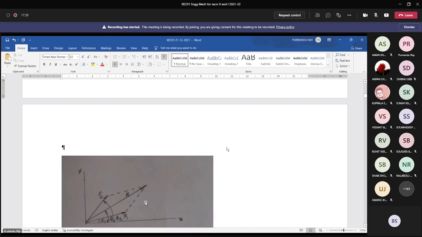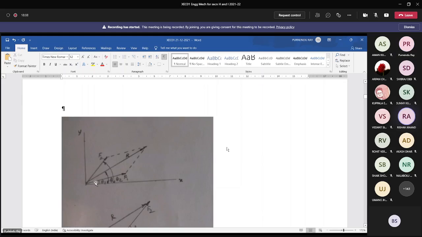From the original foot of the perpendicular of the F1 terminal, what about this length? F1 cos theta 1 is this part. I am talking about this separate part. When F2 is projected on the x-axis, it will be F2 cos theta 2. A student asks whether theta is not clear.